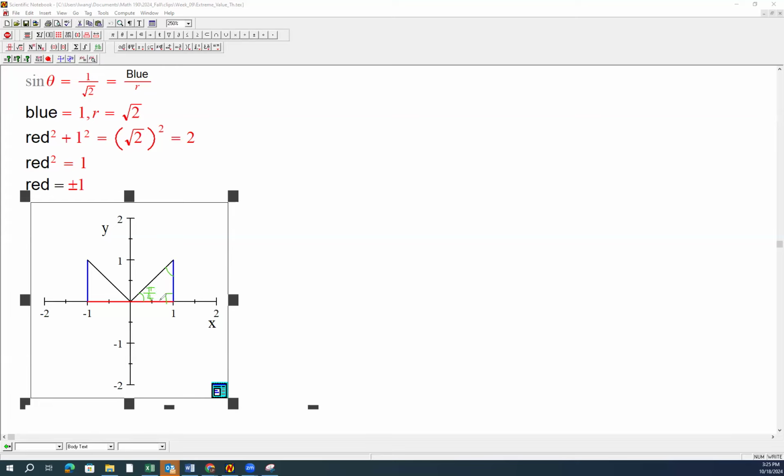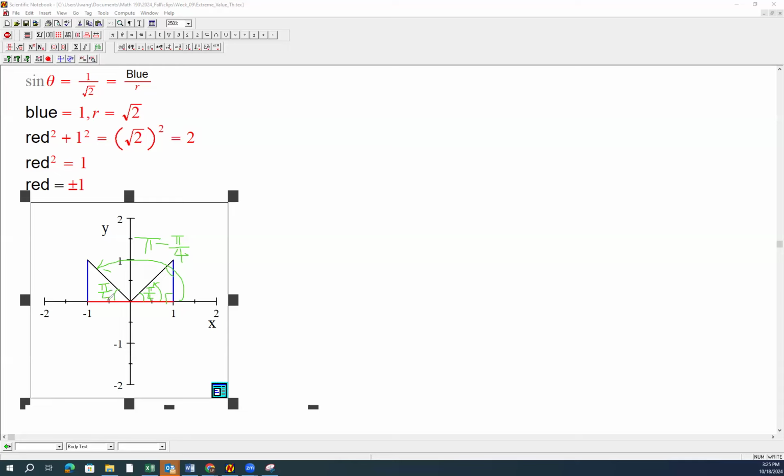If this angle is pi/4, measured this way, and the other angle measured to the terminal here is going to be pi minus pi/4, right? Because this is also pi/4.